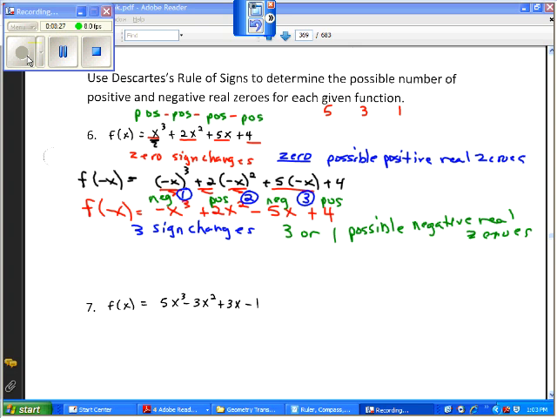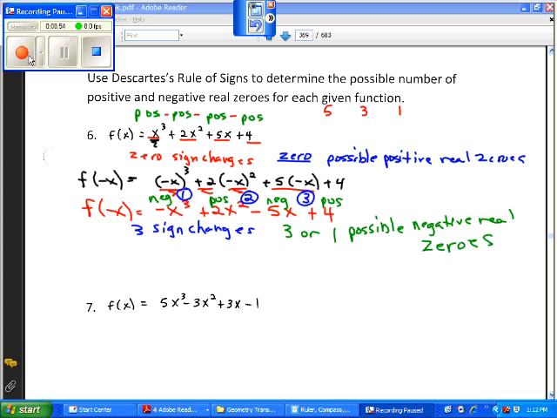You could try those all day and use up 5 sheets of paper with synthetic division and you're not going to get a hit because we just determined with Descartes' rule of signs that there are 0 possible positive zeros. So when we start our trial and error with synthetic division, we're going to choose negatives because there's either 3 or 1 possible negative real zero, whereas there's no possible positive real zero.